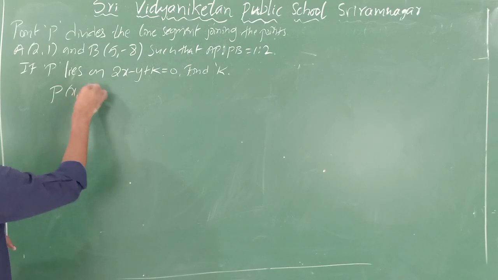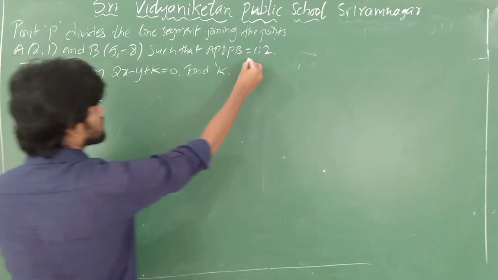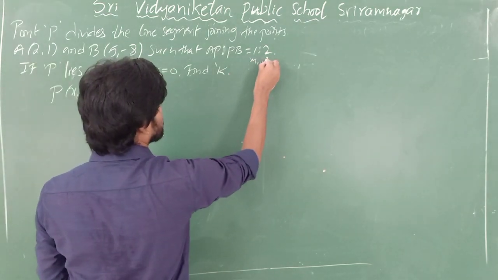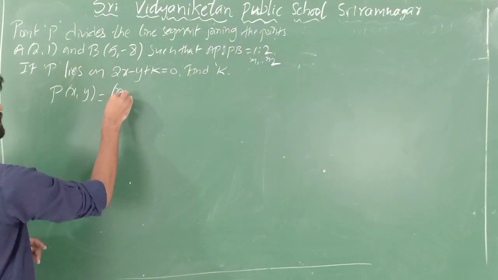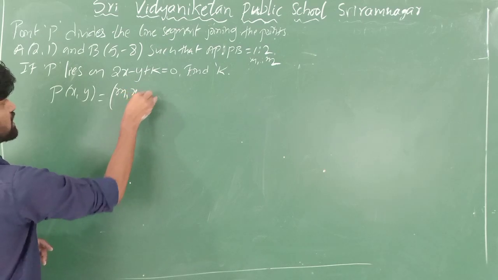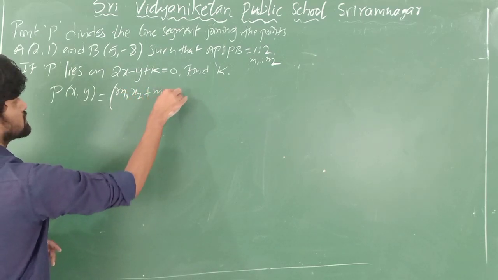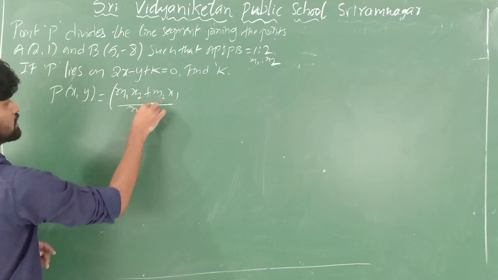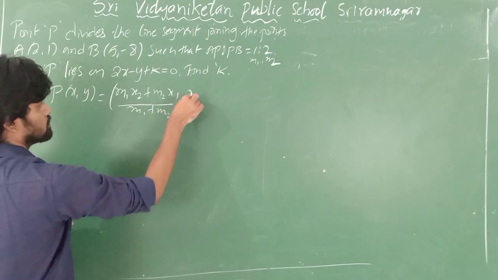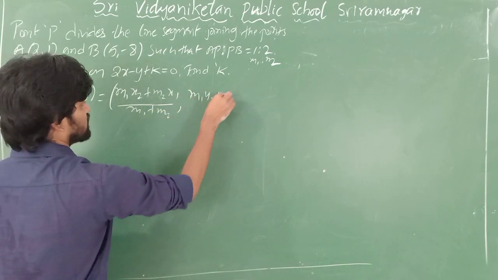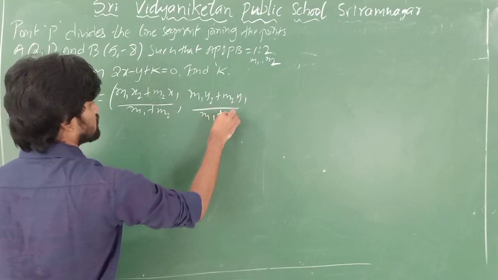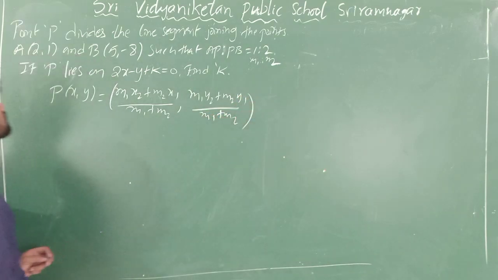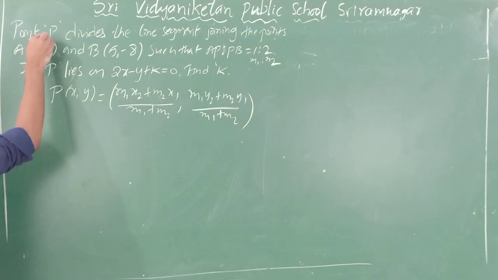P(x, y) is m1 is to m2. The formula is (m1 x2 plus m2 x1) by (m1 plus m2), and (m1 y2 plus m2 y1) by (m1 plus m2).